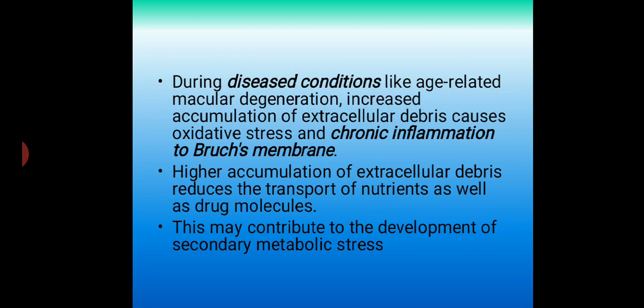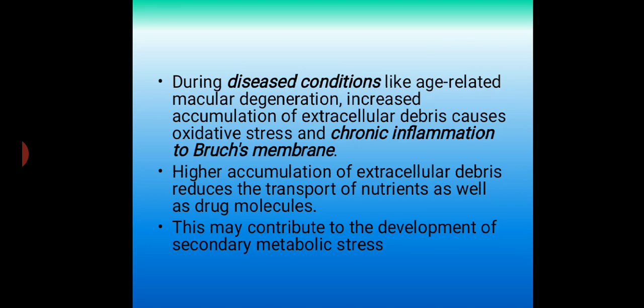Now, what happens during disease conditions in old age? Not only in old age, but in age-related disease conditions, such as macular degeneration, there is increased accumulation of debris and oxidative stress. In these conditions, there are possibilities for chronic inflammation of Bruch's membrane. The first thing is any diseased condition, dependent on age or independent of age.